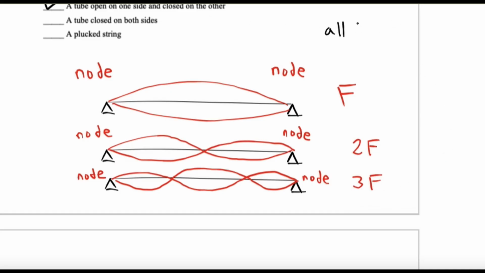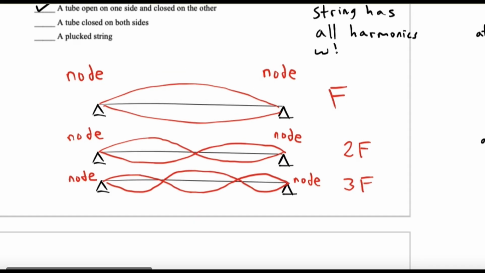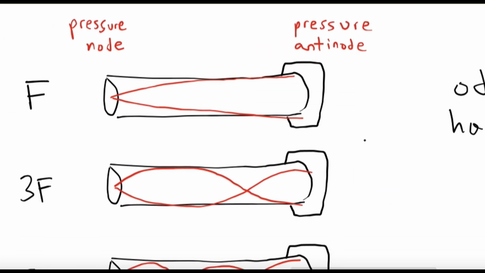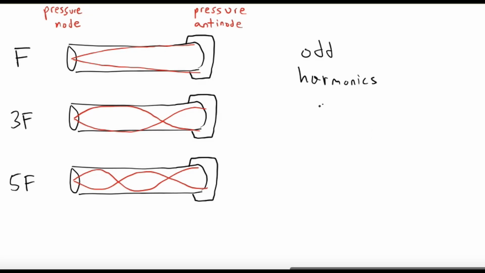So this is all harmonics, not just odd. They're integer multiples of F. And the open tube shows all integer multiples as well. The only one that has odd only is the half open tube.